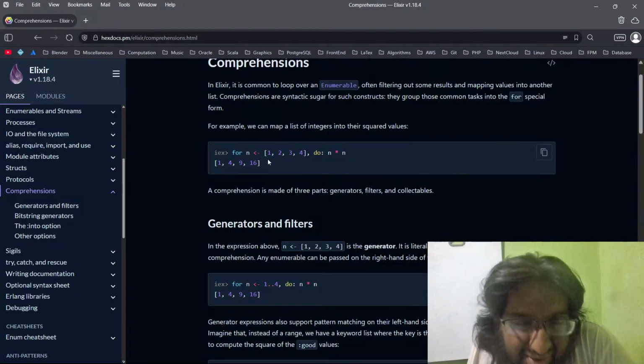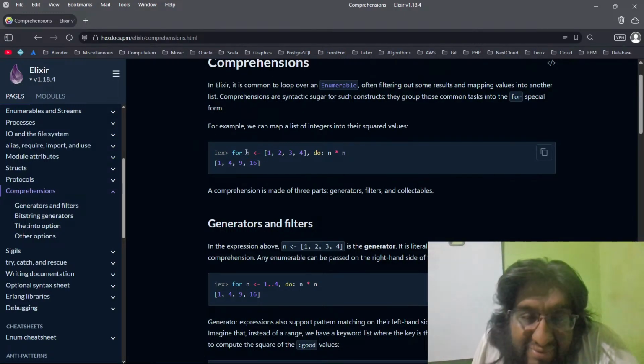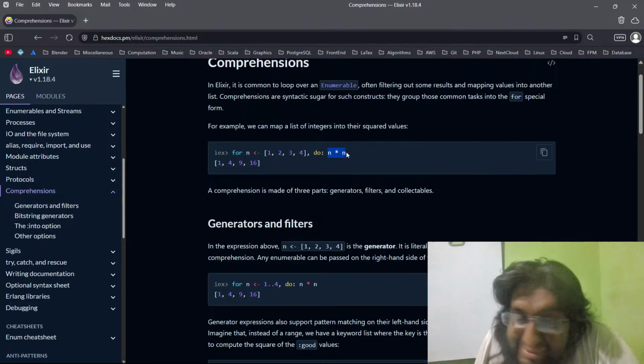Let me explain it once more. For n that is being extracted from this list, one will become n, two n, three n. For n, this expression will be applied, and you will end with n times n times n times n times n. Look at this beautiful result.